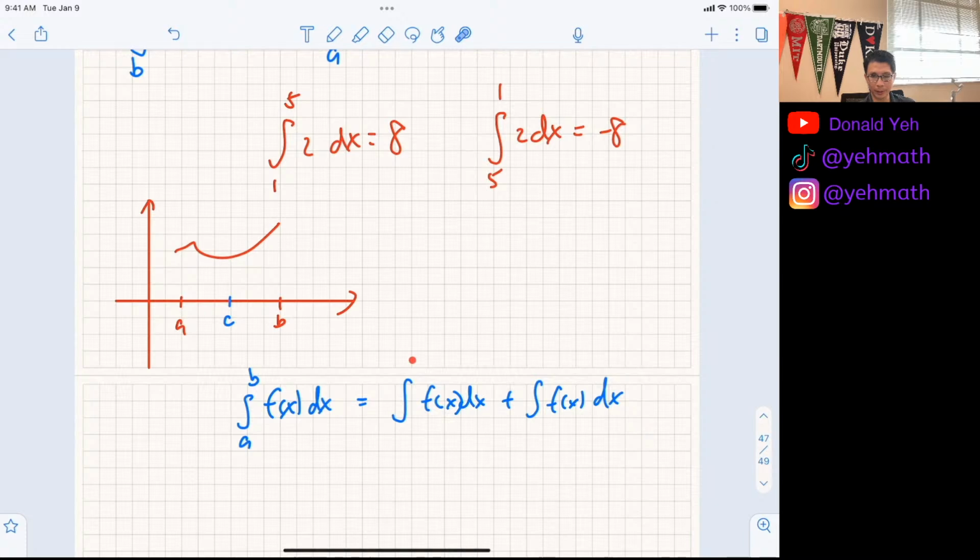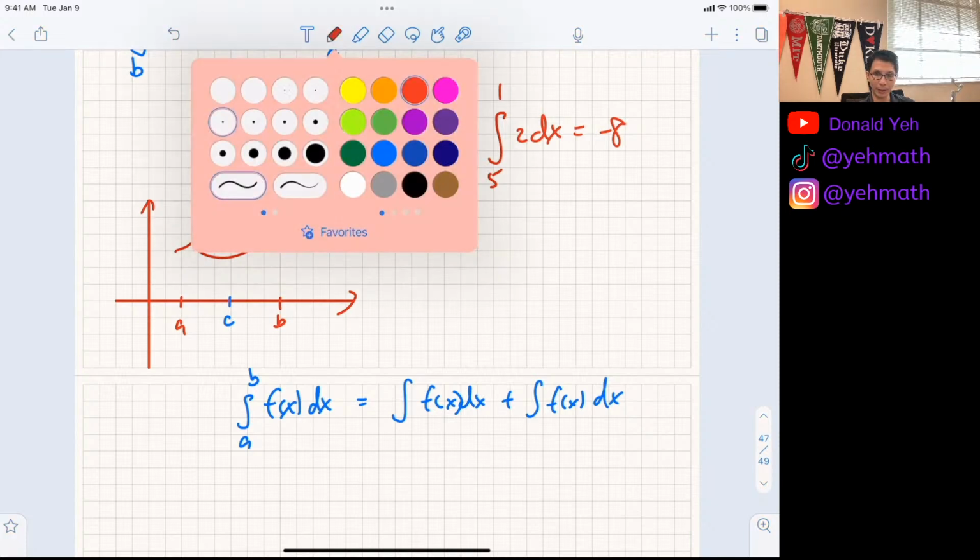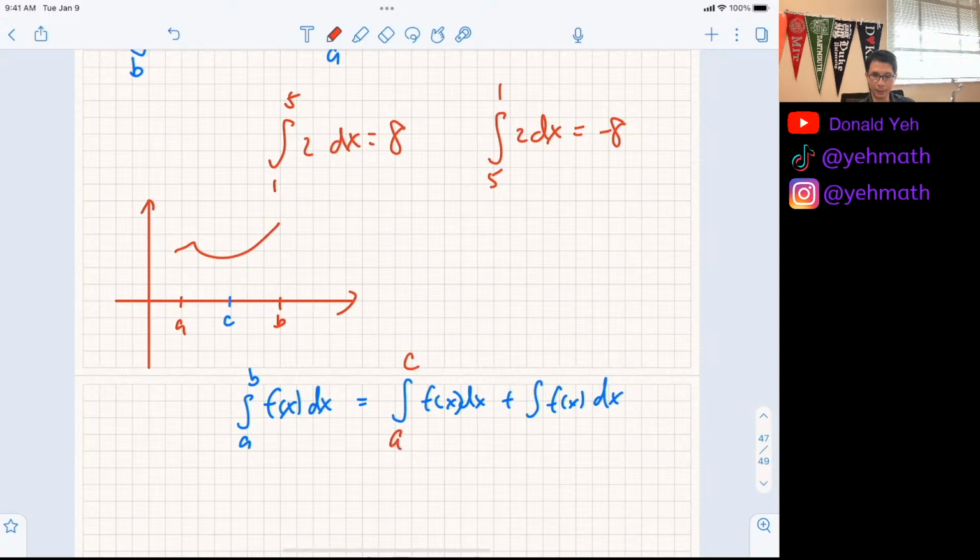Can you fill in the blanks here? Isn't it like B, C, and C and B? Yep, that's good, good job. You're thinking A to C and from C to B, because that's additive. This area plus this area added together is the area from A to B.